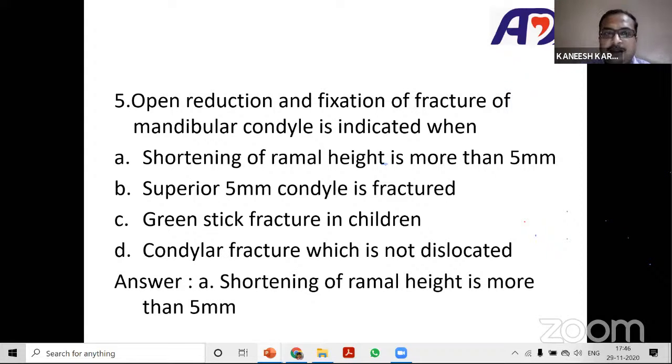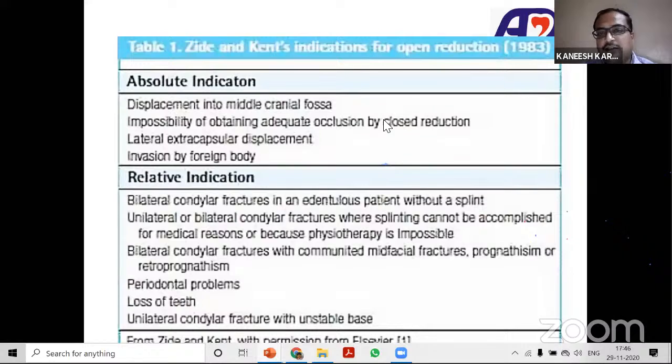There is a criteria called Zide and Kent criteria, which is for open reduction of condyle fractures. Open reduction is you take the patient to GA, open the condyle through a preauricular incision or a submandibular incision, open it and fix. That is called open reduction and internal fixation, ORIF. So there are absolute indications and relative indications.